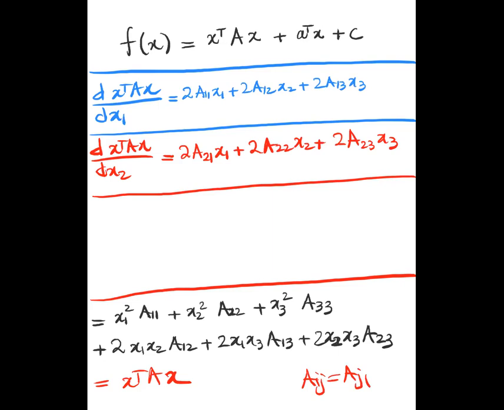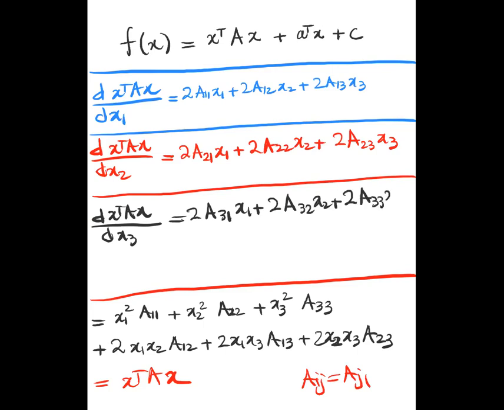And then finally, this is equal to 2 a31 x1 plus 2 a32 x2 plus 2 a33 x3. Okay, so this is just a 3x3 or 2x2. You could have done that easily, and I'm showing you how you can approach these problems if you're interested.